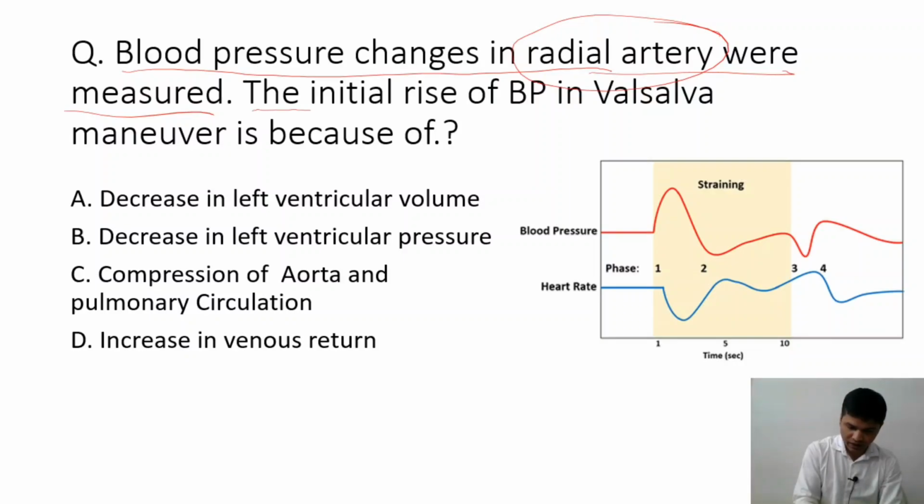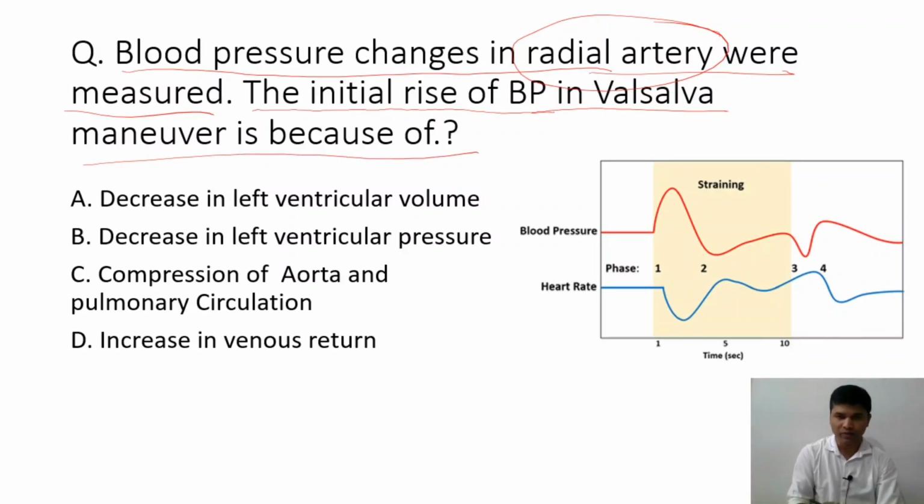The initial rise of BP in the Valsalva maneuver is because of what? In the Valsalva maneuver, you close the nose and glottis and blow, meaning pressure is increased and intrathoracic pressure will be very high. If you blow and maintain it for some time, that is called straining. So the question is the initial rise of BP in the Valsalva maneuver.